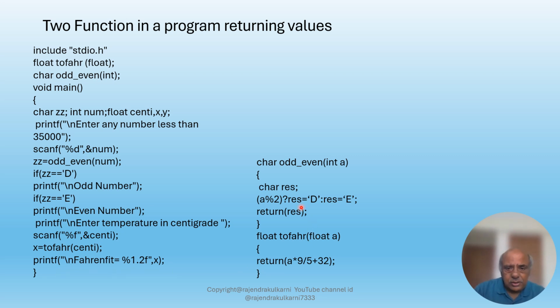So what we understand from this program, we can use functions like odd_even to return one of the two values. Even if we can return only one value, here we have the possibility of two values being evaluated in the function, and we are sending only one value back to the calling function.